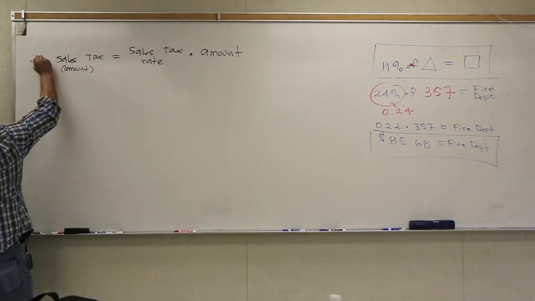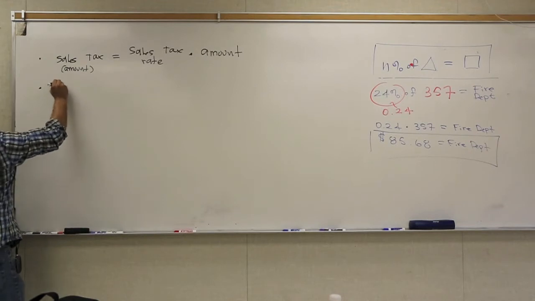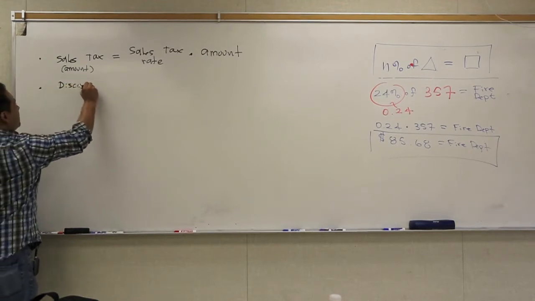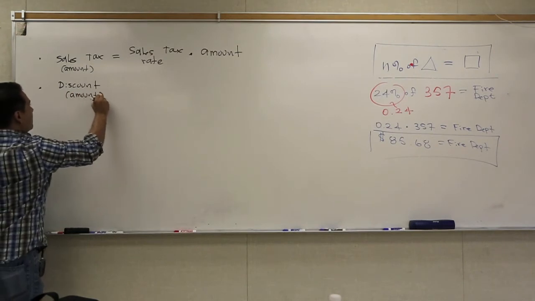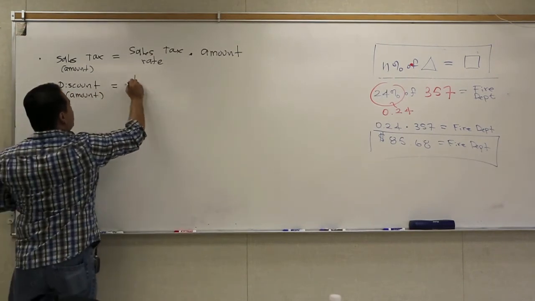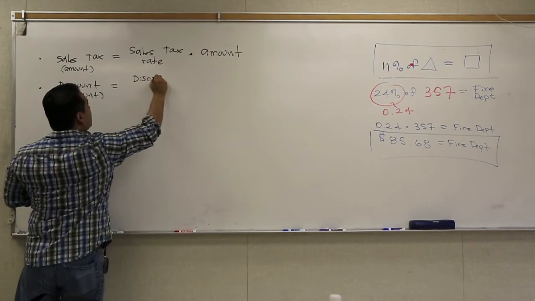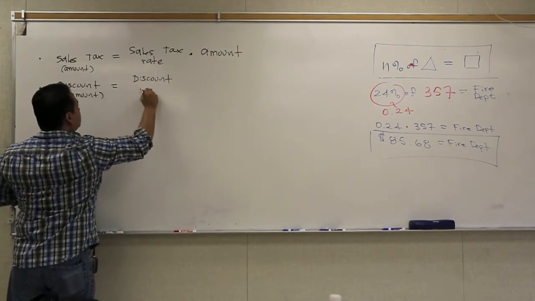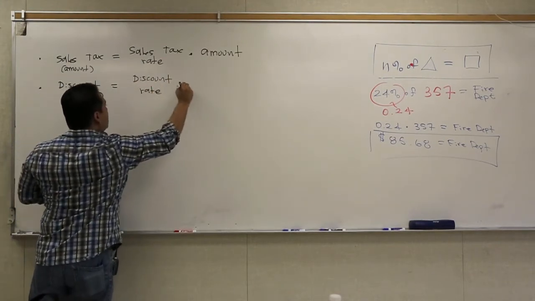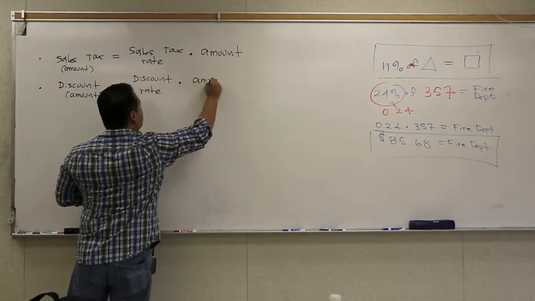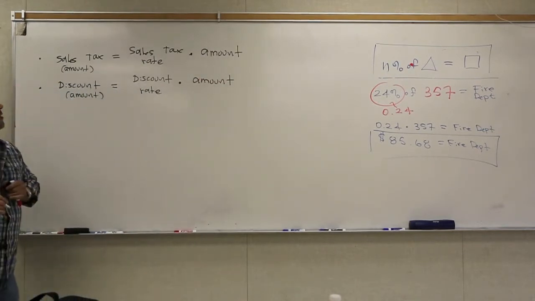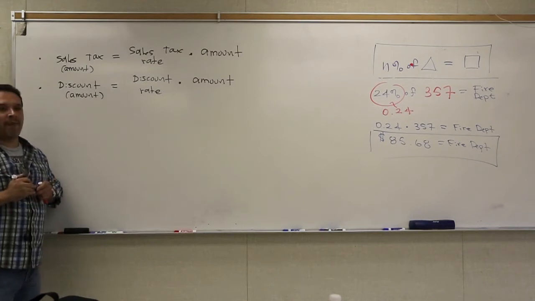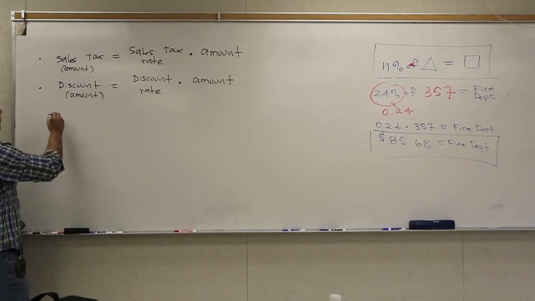So I'll put these two concepts here for you. I have some discount, and that again is some amount, equals a discount rate times some amount of money. We looked at this a little yesterday. So let's review a little bit.